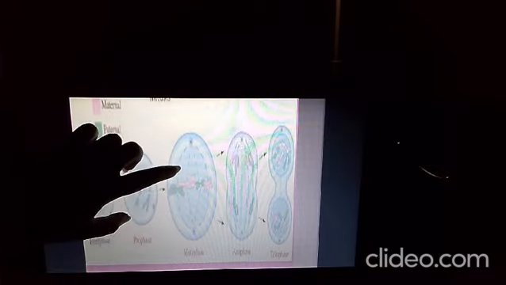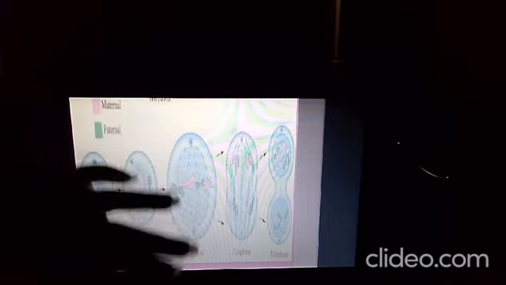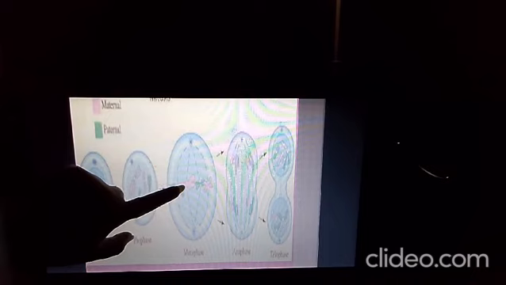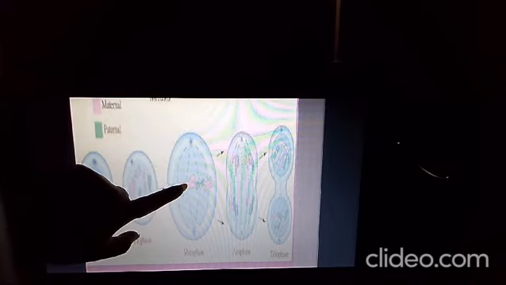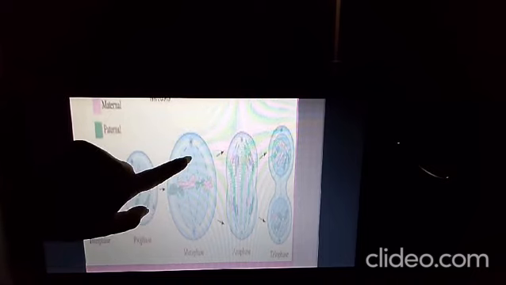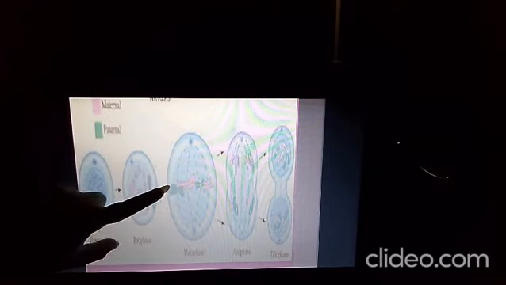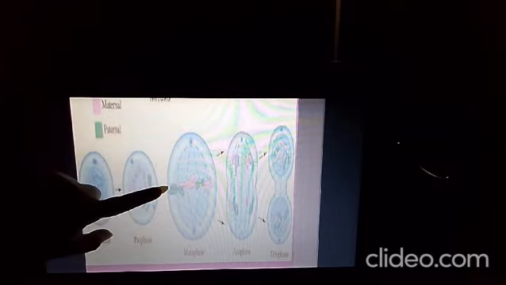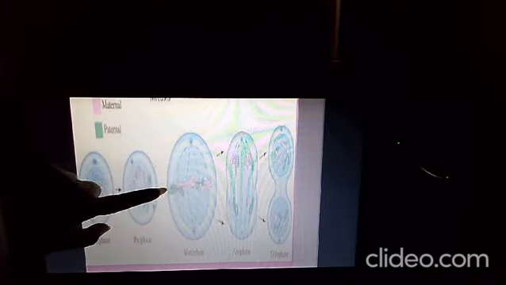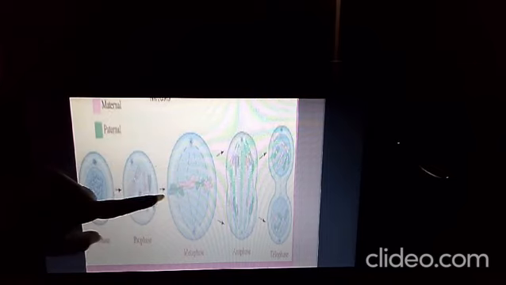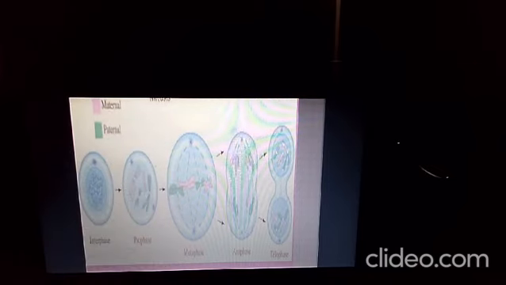Okay, means kinetochores are present in both places, in the centromere and in the spindle fiber. So the kinetochore of the chromosome attaches with the kinetochore of the spindle fiber, and they form this metaphase plate, just like at the equator of the cell, the middle of the cell. Okay, this is the metaphase.